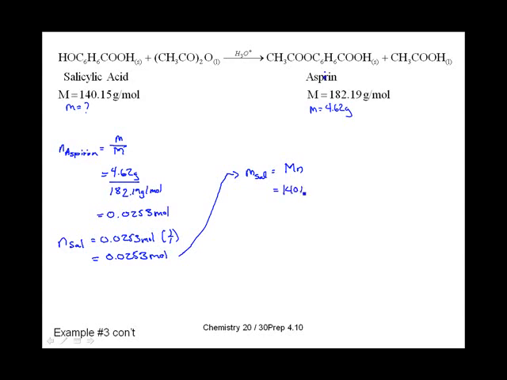Our molar mass is 140.15 grams per mole, times 0.0253 moles. Times 140.15, and we get 3.55 grams. We're only allowed 2 sig digs, so it's actually 3.6 grams.